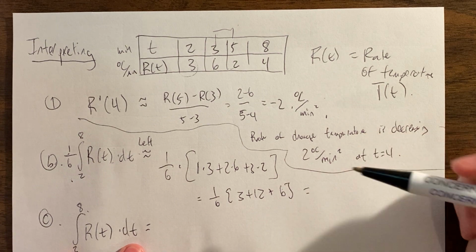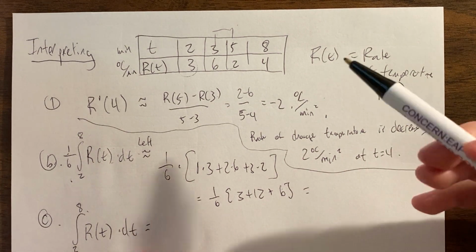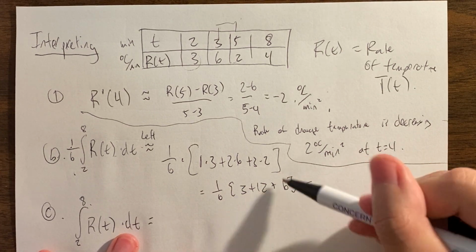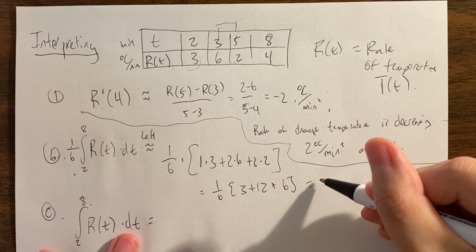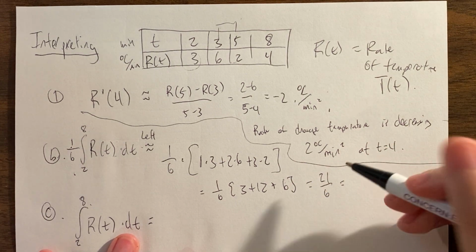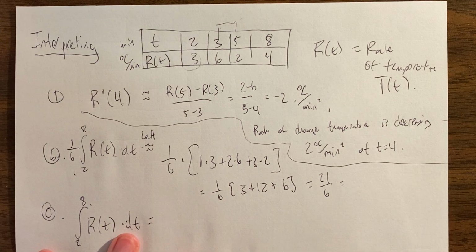And then we are going to add up all these. And then, of course, we're going to remember to divide by 6, because sometimes the Riemann sum is not the answer. So in this case, you're going to get 18 plus 3 is 21. 21 over 6 is the same thing as, I believe, dividing everything by 3, 7 over 2.